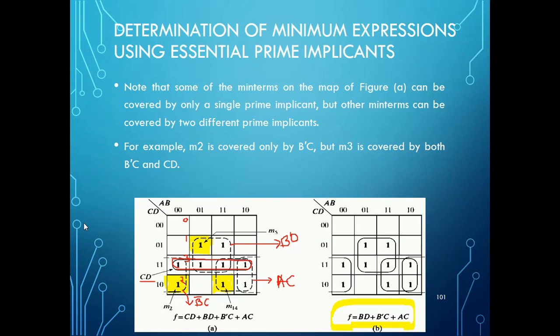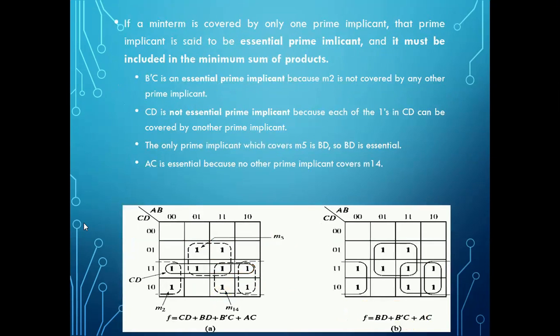F is equal to, so if a mean term is covered by only one prime implicant, that prime implicant is said to be an essential prime implicant, and it must be included in the minimum sum of products. So that's what we have done in the previous slide.